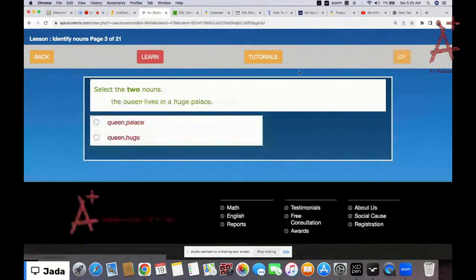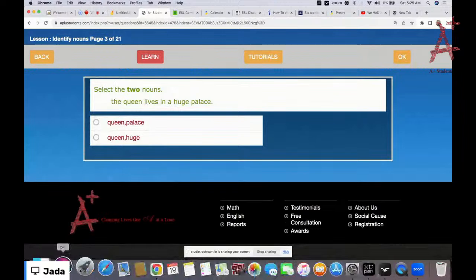All right. The next one says the queen lives in a huge palace. The queen lives in a huge palace. So is it queen and palace or queen and huge? So which one is the answer now? Is it queen and palace, or queen and huge?